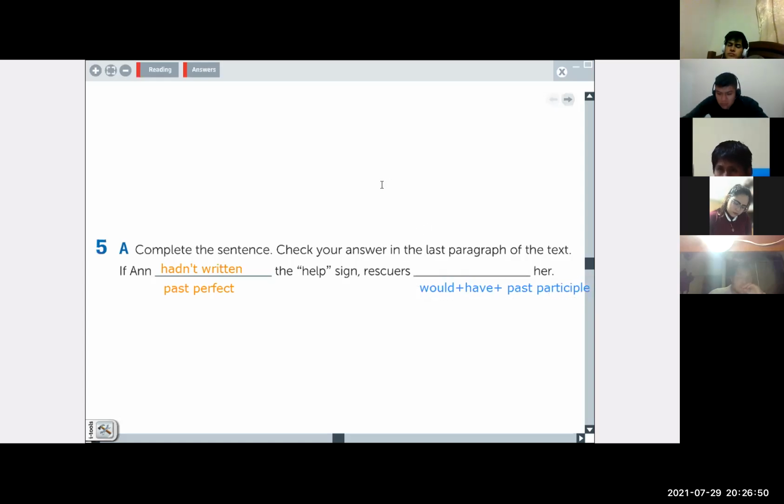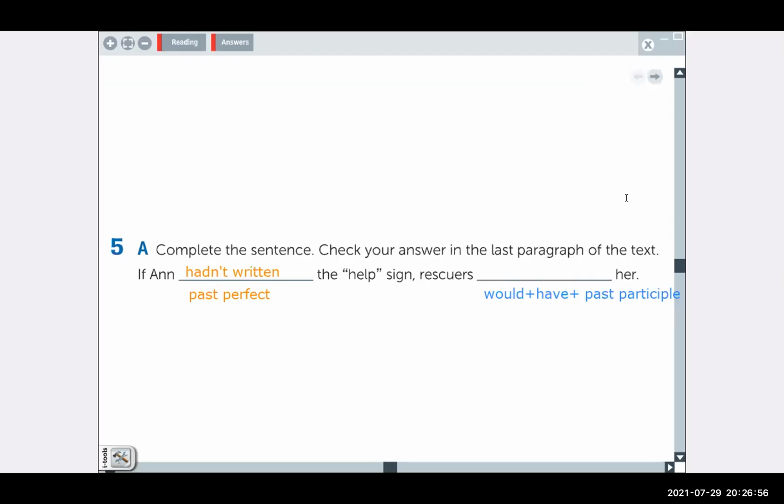What can we say? Rescuers wouldn't have found her. Very good. Wouldn't have found her.